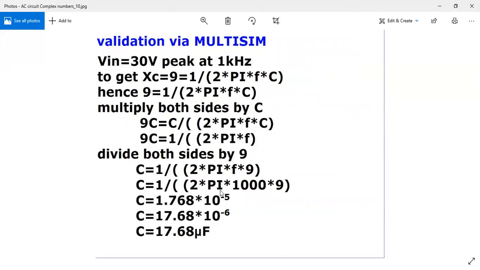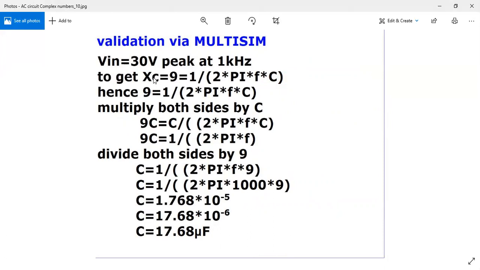Just before we show that, the reason why our capacitor has got a value of 17.68 microfarads comes about because we want the capacitor to have an opposition to current flow of 9 ohms. That was how we started off in Cartesian form with the circuit at the beginning.